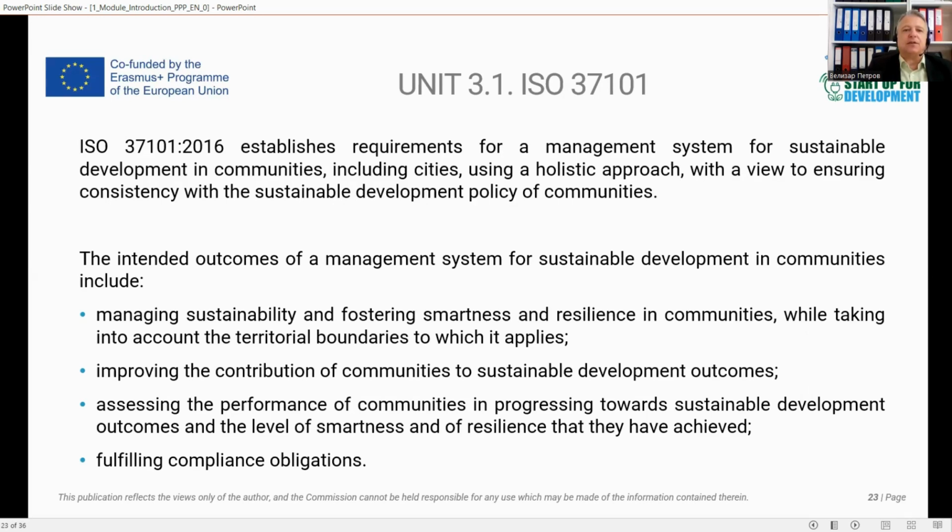The intended outcomes of management systems for sustainable development in communities include managing sustainability and fostering smartness and resilience in communities, while taking into account the territorial boundaries to which it applies, improving the contribution of communities to sustainable development outcomes, assessing the performance of communities in progressing towards sustainable development outcomes, and the level of smartness and resilience that they have achieved, and fulfilling compliance obligations.